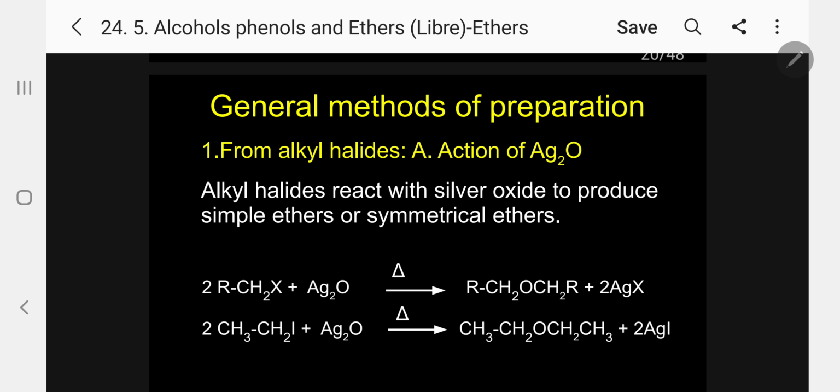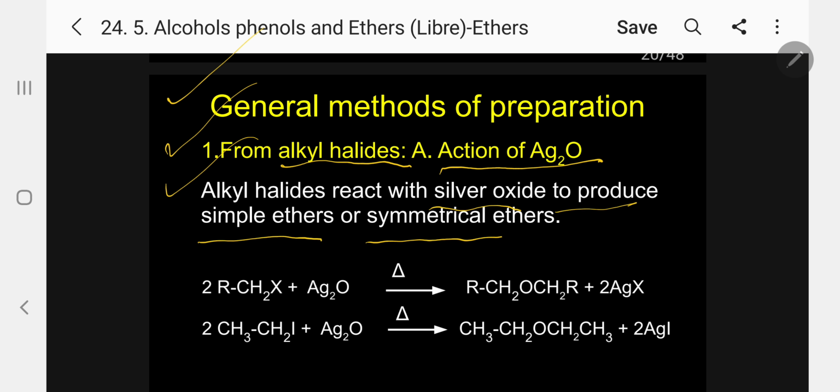Kindly follow. Now, let me go for the general methods of preparation. One is from alkyl halides. From alkyl halides, I can prepare by the action of silver oxide. So, alkyl halides react with silver oxide to produce simple ether or symmetrical ether. Most important: symmetrical ether can be prepared by the action of silver oxide.